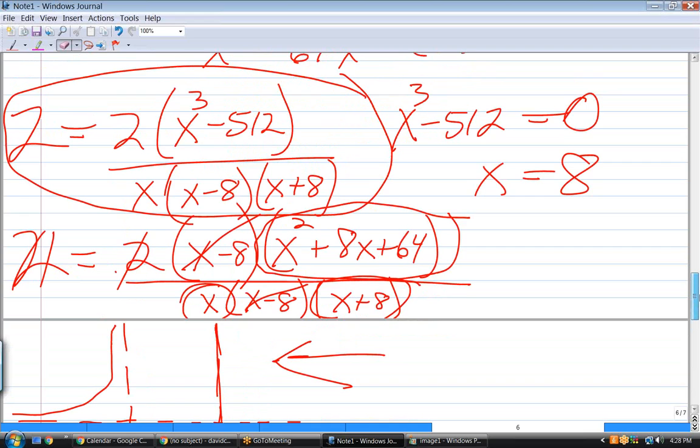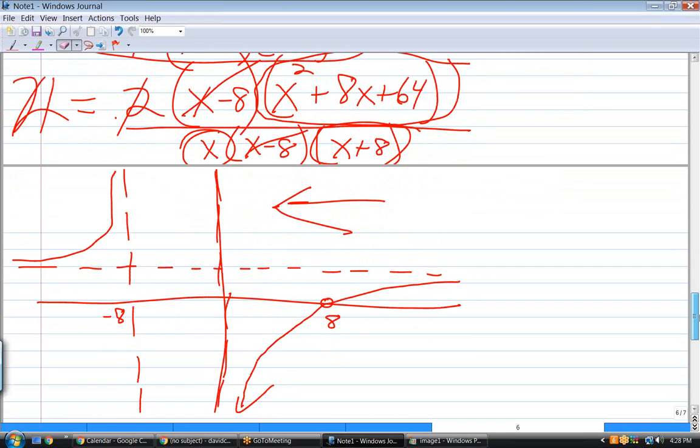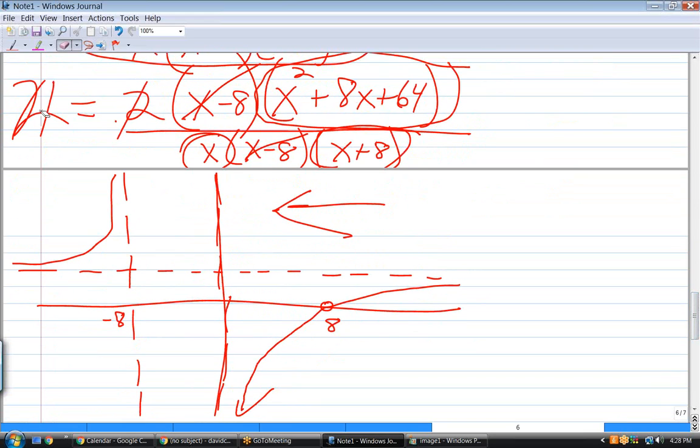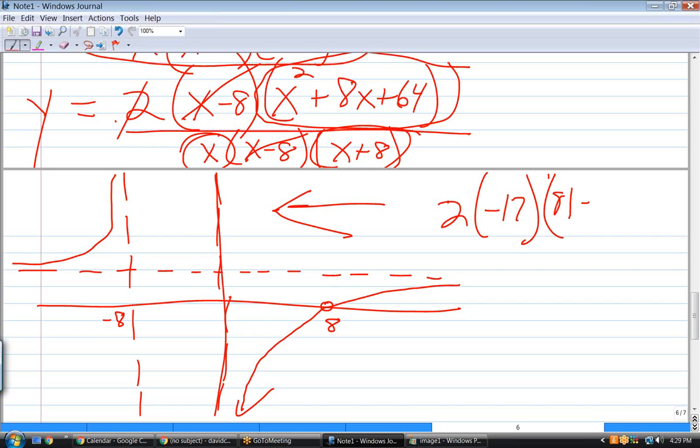Our function was this one right here. That's y. And let's see, if we put in -9, we get 2 times -17 times 81, -72 plus 64 in the numerator.